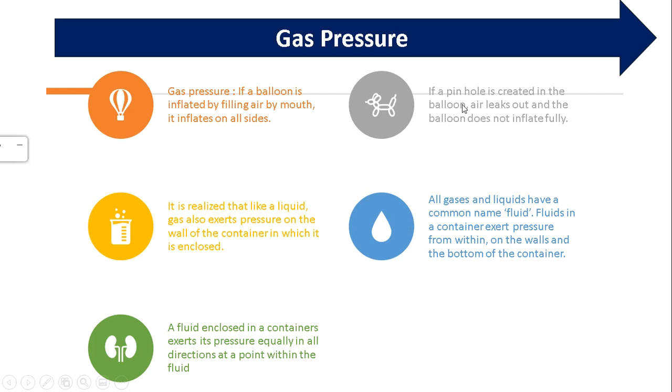Now if a pinhole is created in the balloon, air leaks out and the balloon does not inflate fully. All gases and liquids have a common name, that is fluid. Fluids in a container exert pressure from within on the walls and bottom of the container.